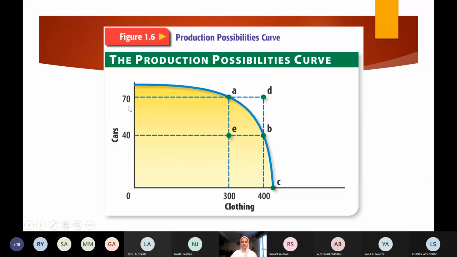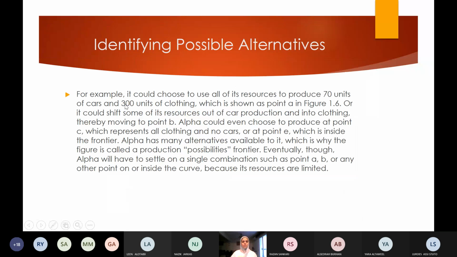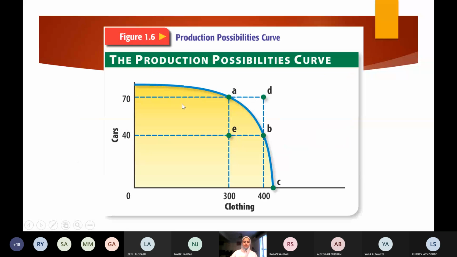I will produce 70 cars a year and 300 units of clothing. I'm at A here.